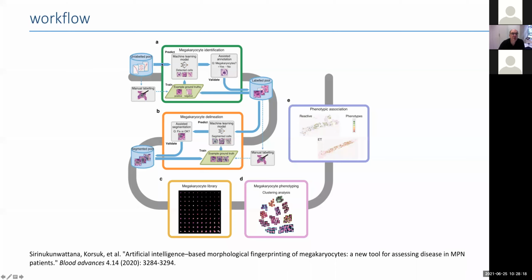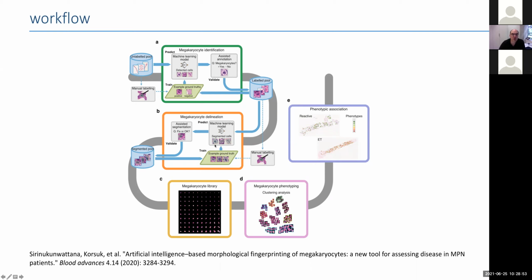So we start off with basically an unlabeled pool of biopsies. Then we use deep learning-based detectors like YOLO detectors to detect megakaryocytes. And here we are quite careful in the sense that at every step, we essentially get feedback from pathologists that more or less ensures that at least two experts agree that this is a real megakaryocyte.